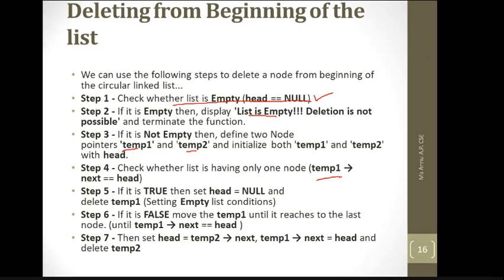Here we are just assigning temp1 next is equal to head, storing the value of temp1 next in this head. If it is true, then you can delete the particular node and assign the pointers accordingly.